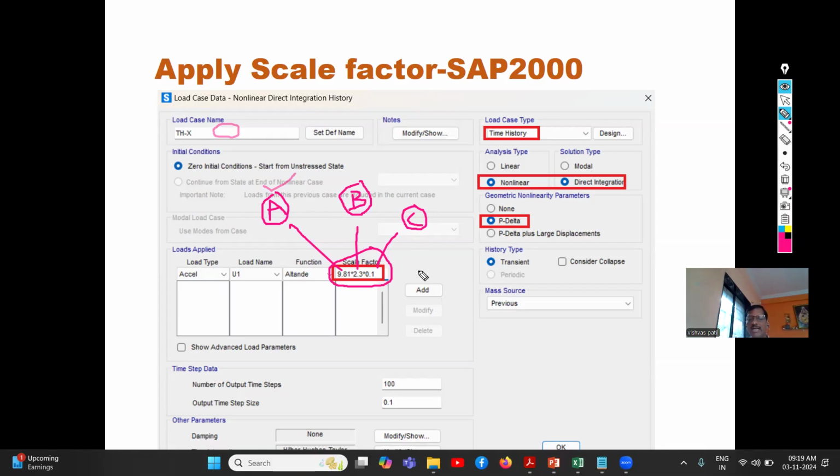Then come again and only change the scale factor C. Previously it was 0.1, now in the next it is 0.2. Complete the analysis, then again rerun for step number 3, 0.3. So every time we just have to change the scale factor C. So this is about the input in SAP2000.